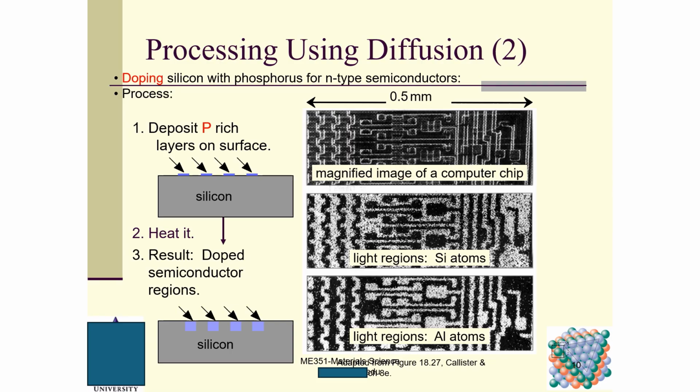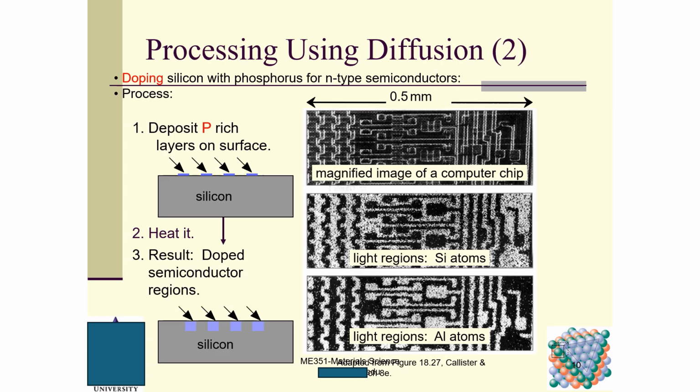So here this is 0.5 millimeter. So this is the magnified image of a computer chip. These light regions are Si atoms, and the light regions here are aluminum atoms.